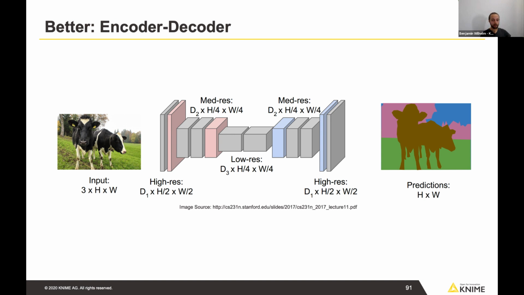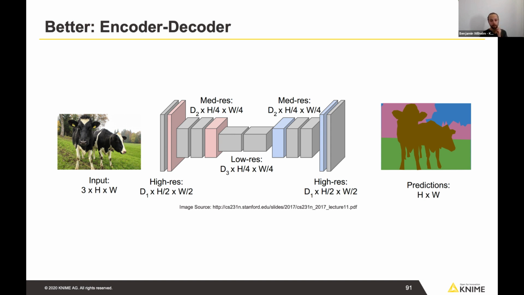So we have an encoder part, which is the first part of this network, and which actually looks just like it does for the classification. So we compute features using convolutions, and then we do subsampling to reduce the resolution. And we do this over and over again.